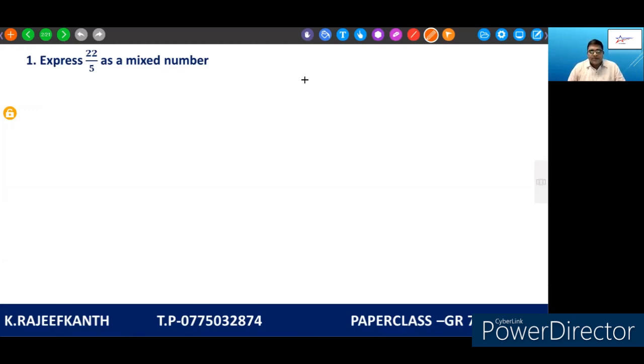Have you all finished? Okay. Right, then we will discuss the answer. He expressed 22 by 5 as a mixed number. So how can we convert this 22 by 5 into a mixed number? First, we have to divide this 22 by 5.